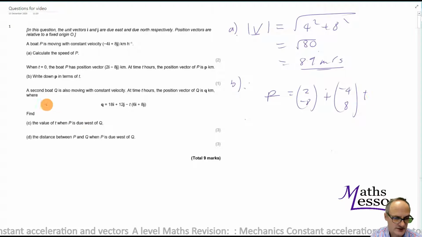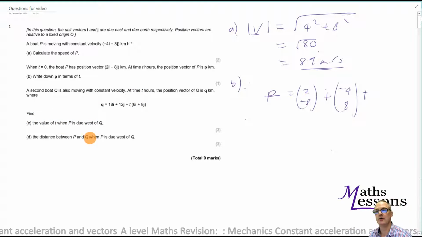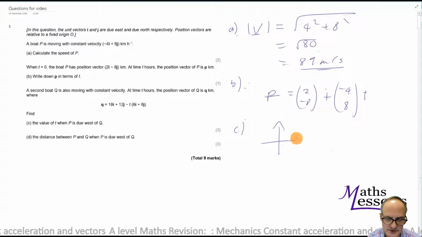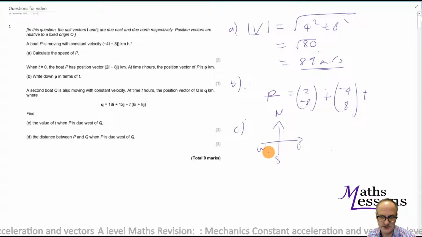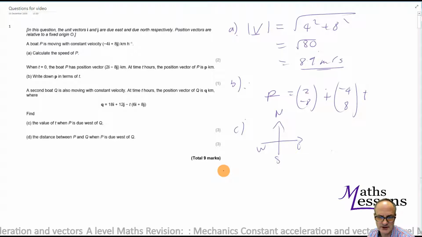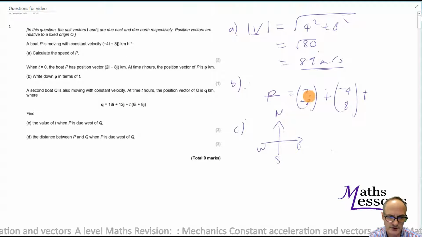Now, next thing, we're given a second boat with a second velocity, and we want to find when P is due west of Q. If we're thinking about this, we have north, south, east, west. You know that when it's due west, the j components will be equal. So the j components of Q and P will be equal.